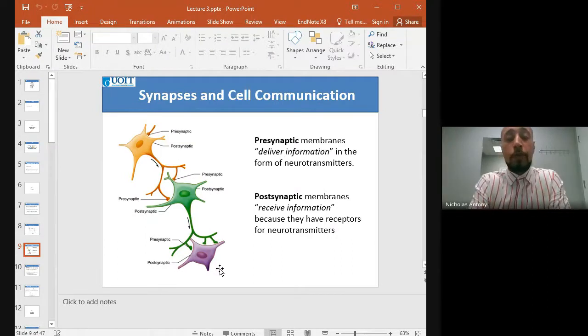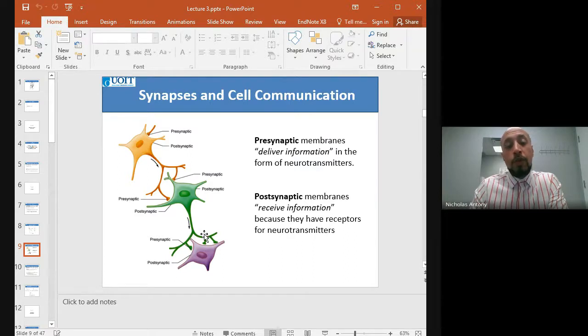Do you all remember the process of synaptic transmission? It just means that when the neuron connects to another neuron or another cell, there's a space in between, a synapse.